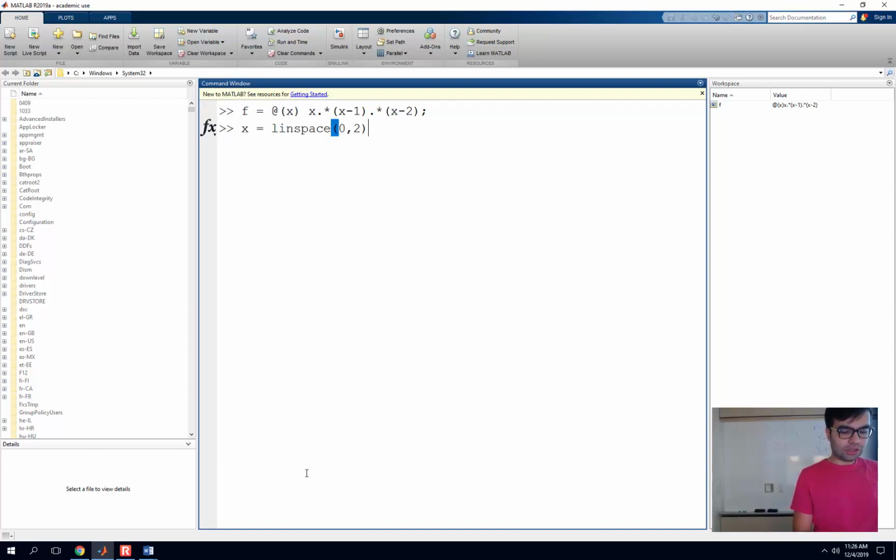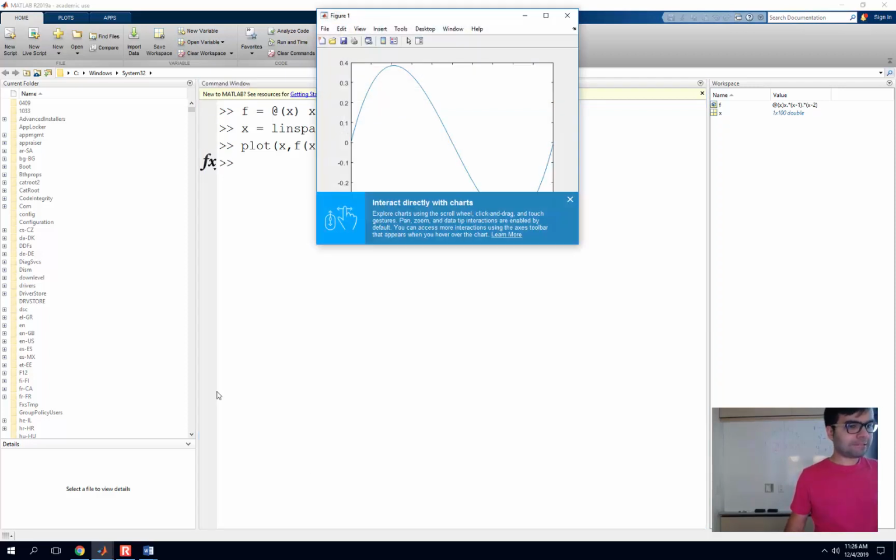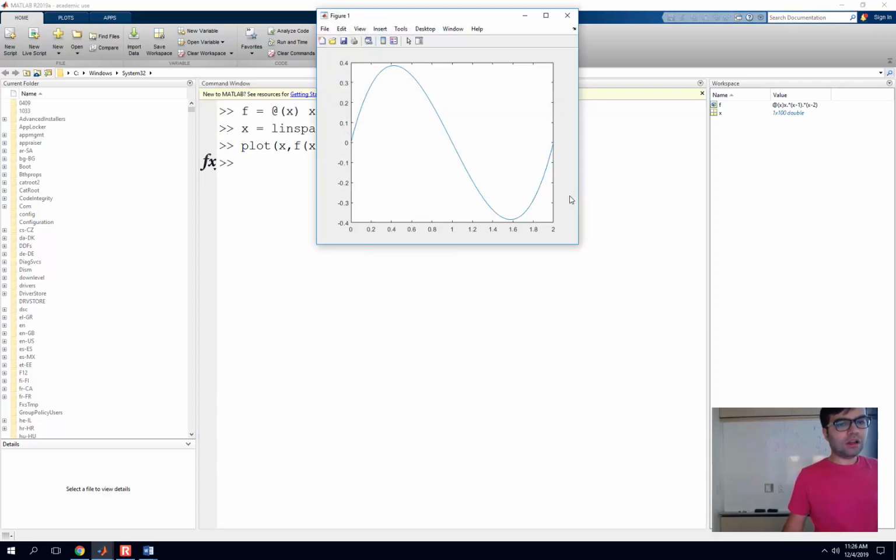So I can do linspace of 0 and 2, plot x comma f of x. I can plot this and see that part of it is positive, part of it is negative. If I use symbolic, then I cannot plot a symbolic function.